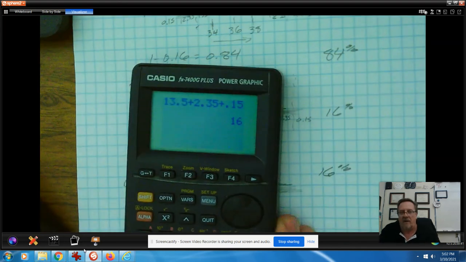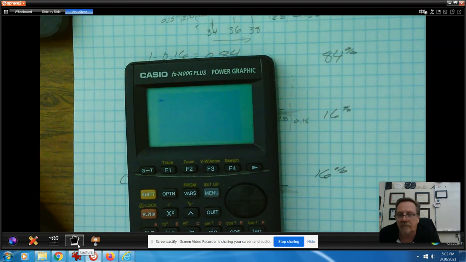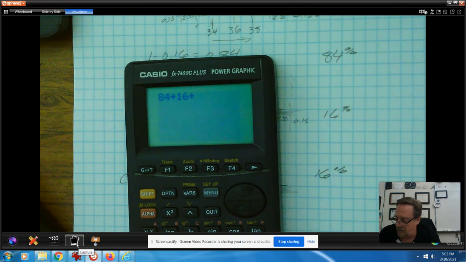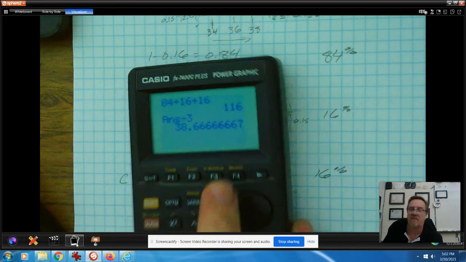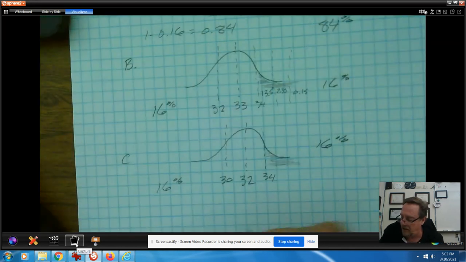Well, let's find out. 84 plus 16 plus 16 gives us 116. And if we divide by 3, that tells us the average is 38.7-ish.